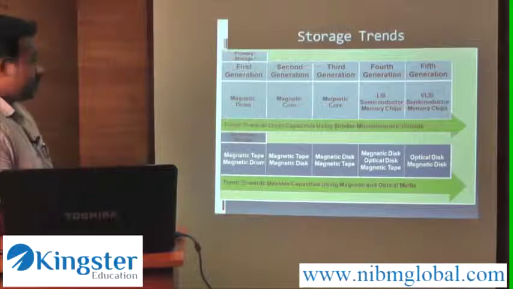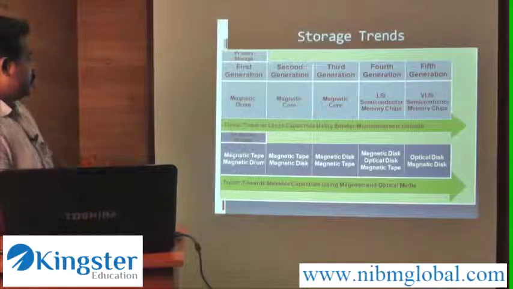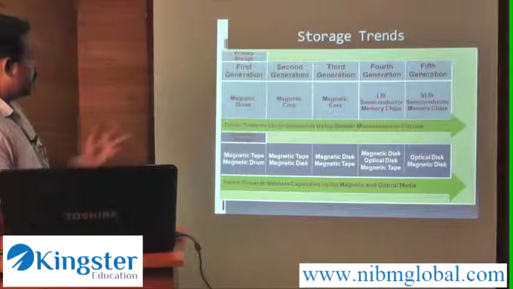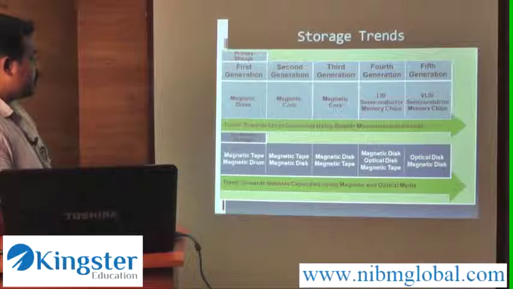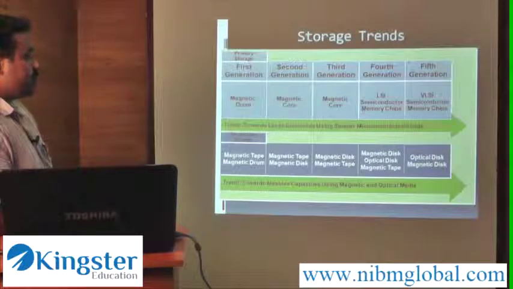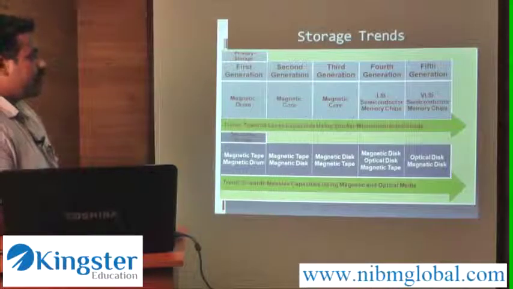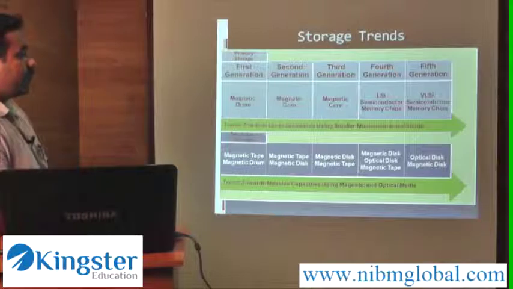Secondary storage, earlier we had magnetic tape and magnetic drums, like the tapes and the floppy disk that we had. It continued with second generation and third generation. It later developed into magnetic disk, optical disk and magnetic tapes, and fifth generation includes optical disk and magnetic disk.